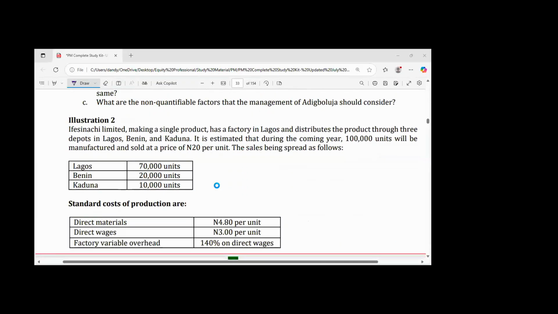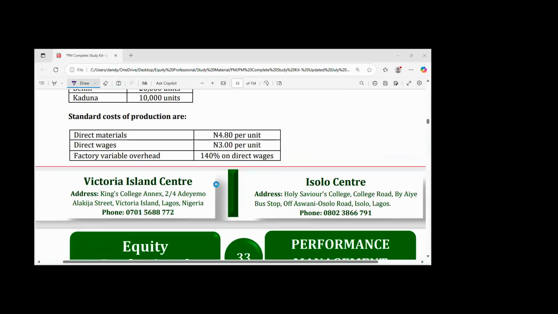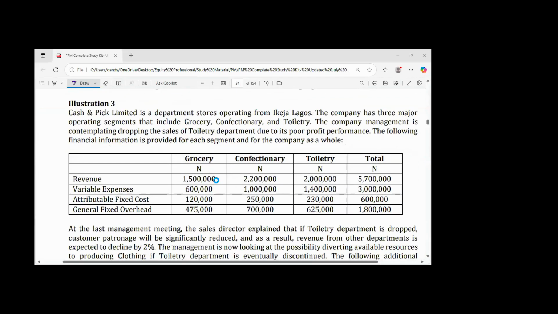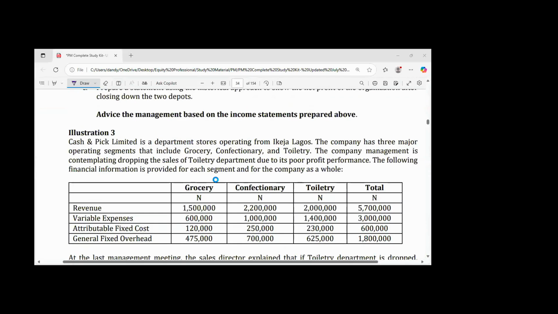Okay. So let's have another illustration in the absence of any question. So you are going to solve this illustration number 3 for me.